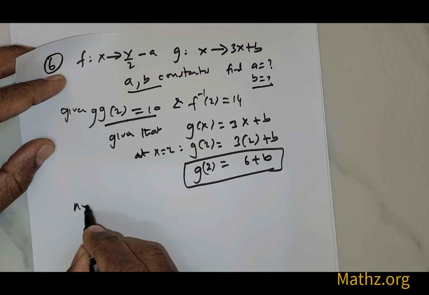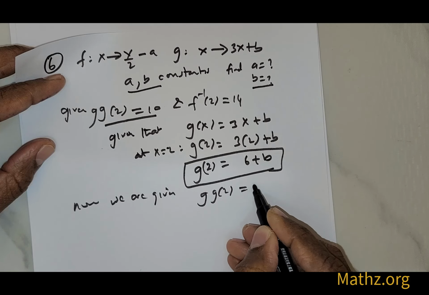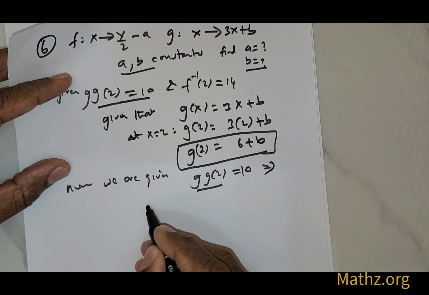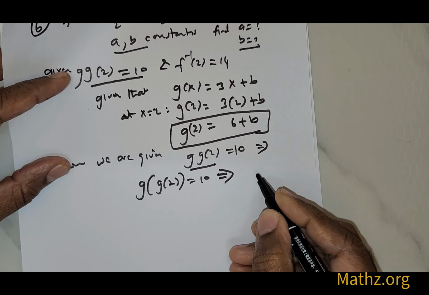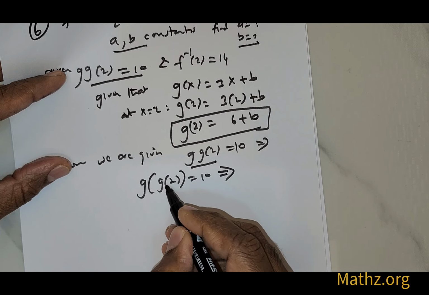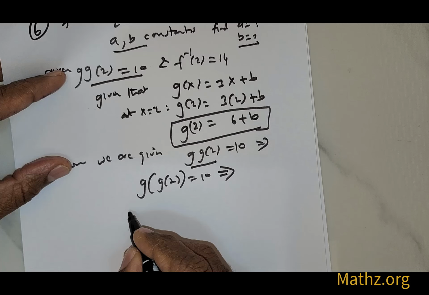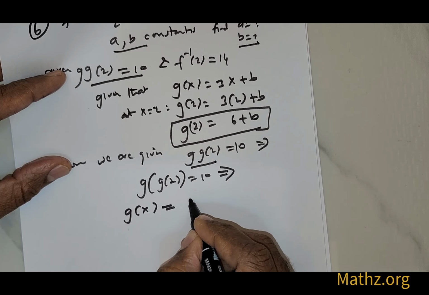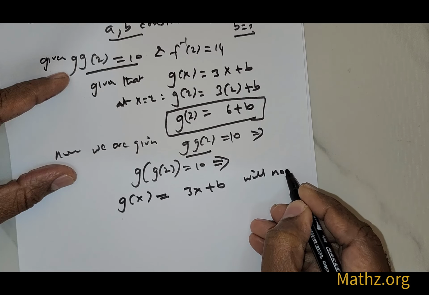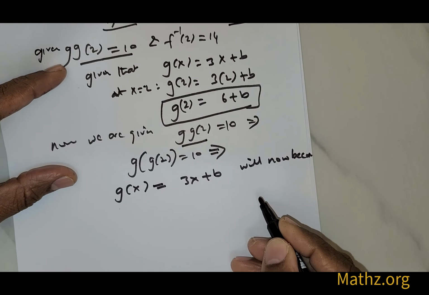Now we are given g of 2 is equal to 10. What is the meaning of this? This means that we will take the value of g of 2 and substitute it in g of x, which is 3x positive b.